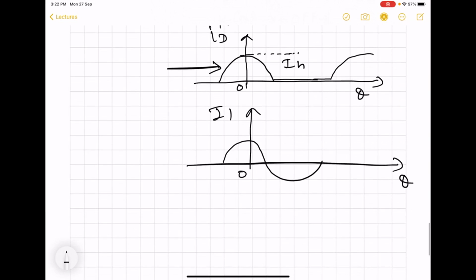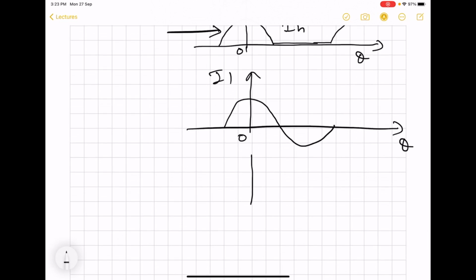So this is I1. This will then flow through the load to give rise to this voltage.